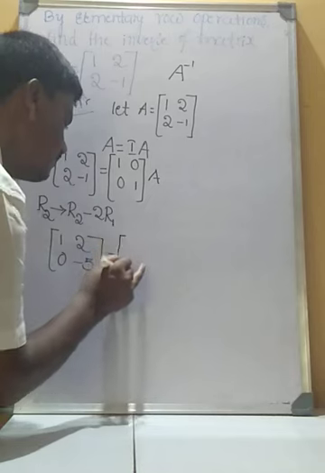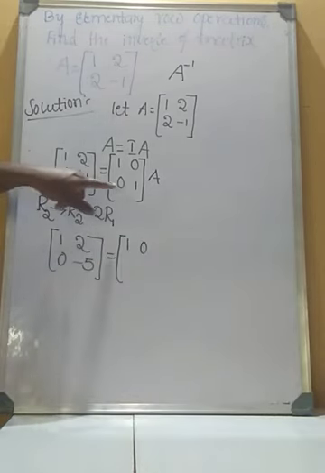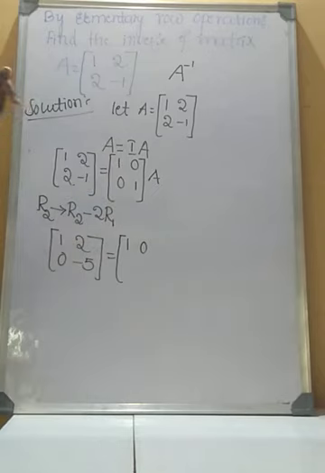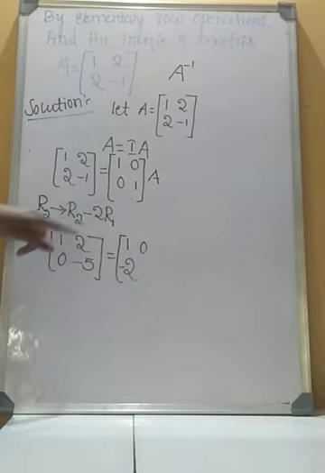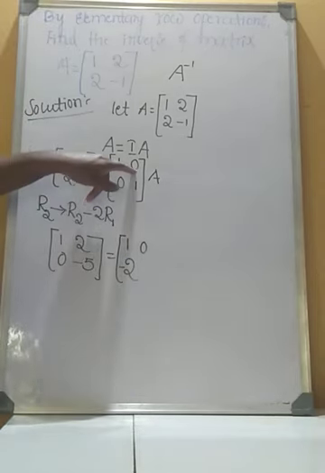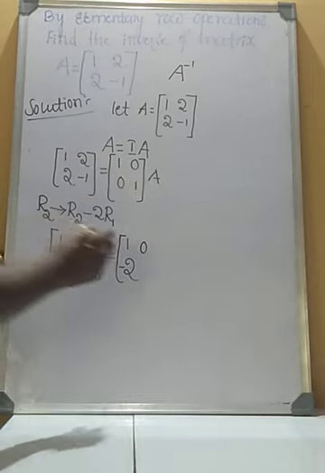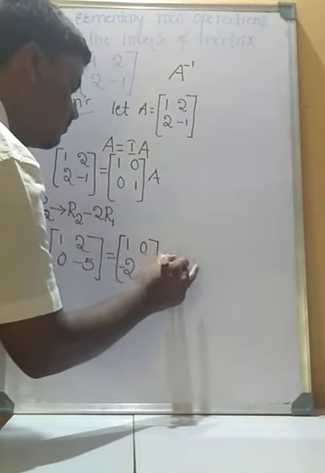On the right hand side, write 1, 0 as it is. R2 is 0 minus 2 into 1 becomes minus 2. The next element is 1 minus 2 into 0, that is 1, into A.